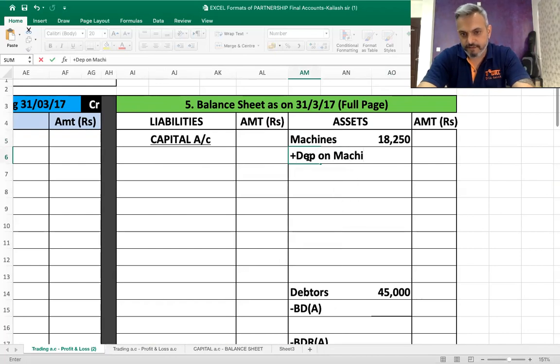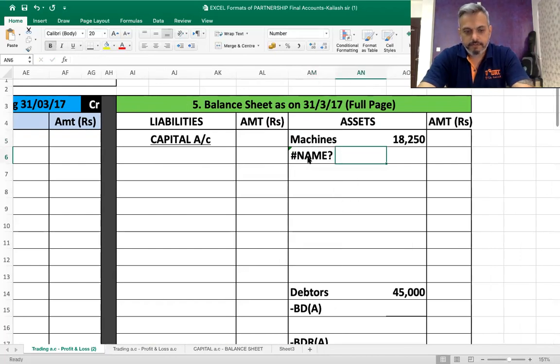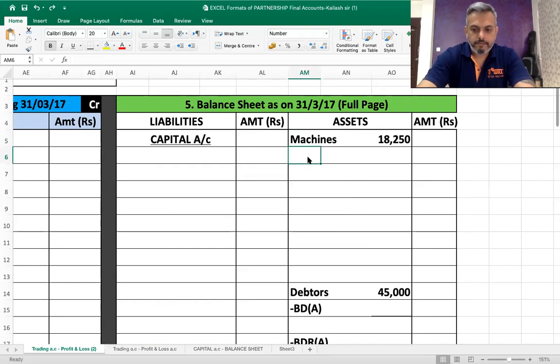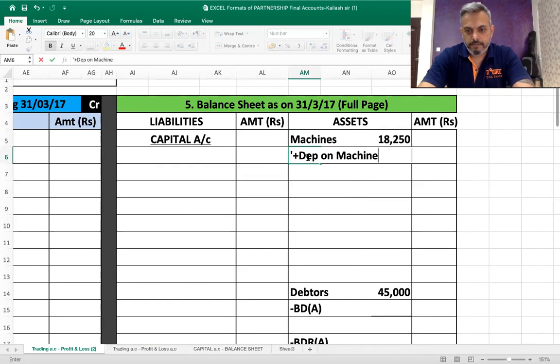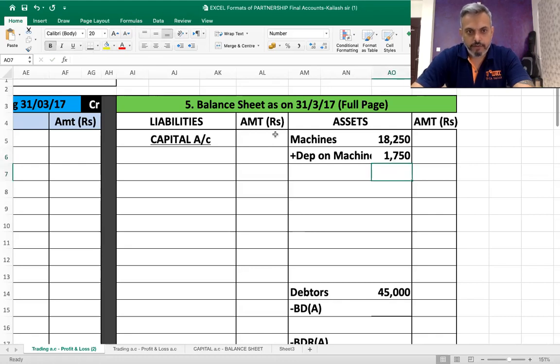We are reversing this. 1750. Inner column only we do the totals. So 20,000. We leave one line blank for the adjustment.